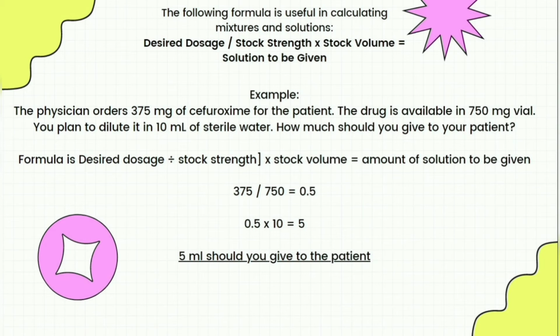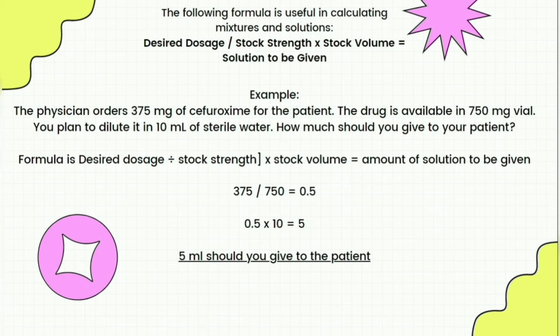Example, the physician orders 375 mg of cefuroxime for the patient. The drug is available in 750 mg vial. You plan to dilute it in 10 ml of sterile water. So how much should you give to your patient? Formula is desired dosage divided by stock strength multiplied by stock volume.